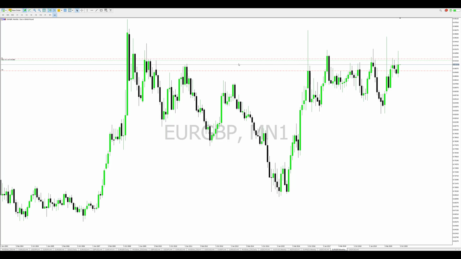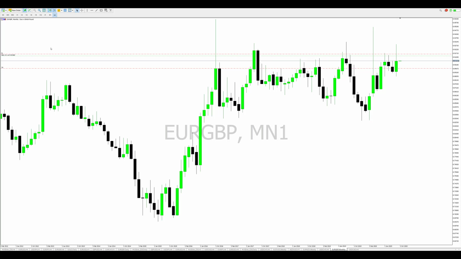That was the entry point which I suggested that you should be hunting for short trades on. As you can see, that is where my entry is. It was a sell limit that I executed here. The reason being that I wasn't anticipating market to push all the way to the upside.